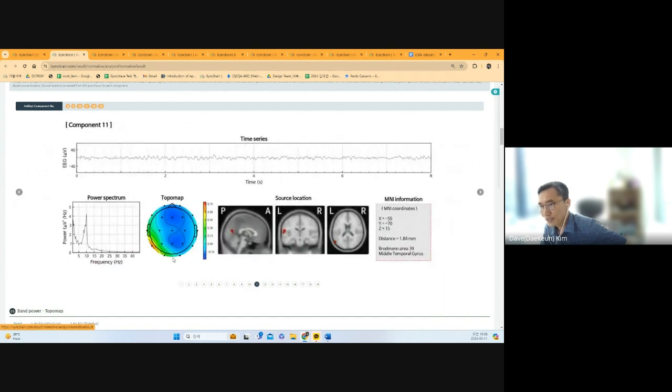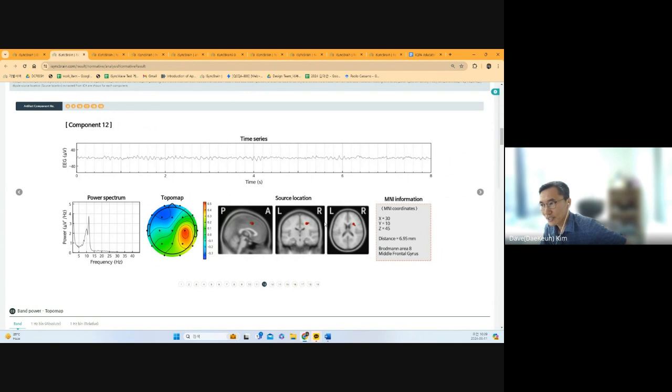And 11 is the middle temporal slow activity. This is also unhealthy alpha activity coming from the temporal area, and this is the frontal alpha activity.